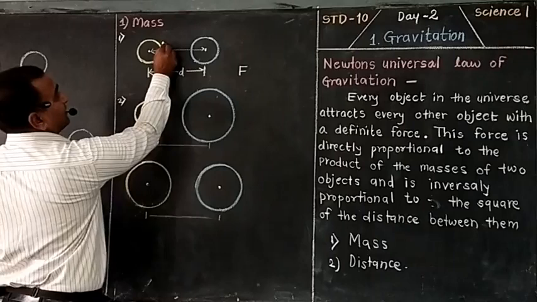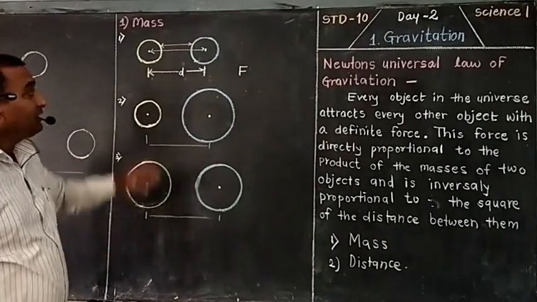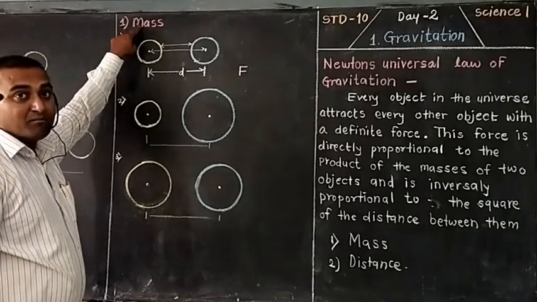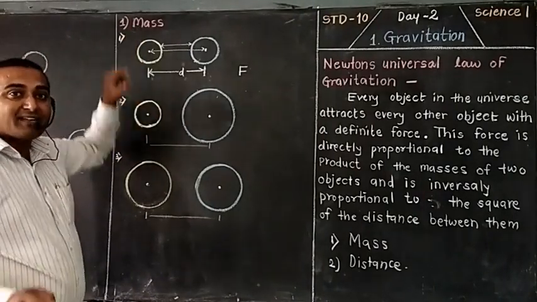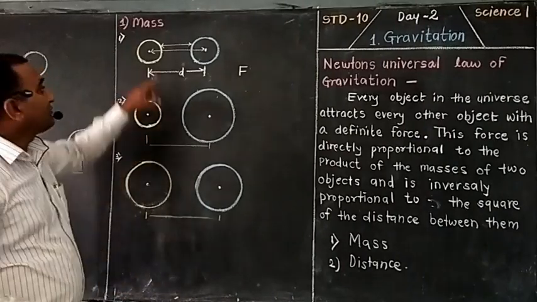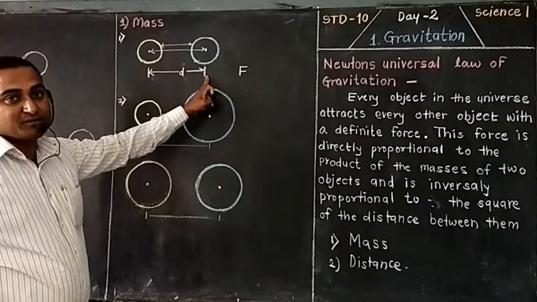Why should we not consider the distance between the surfaces of these two objects? Again I am explaining: mass is concentrated at the center of the object, and so the distance is also considered from the center of the object.